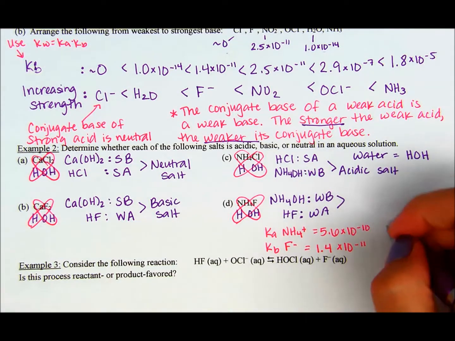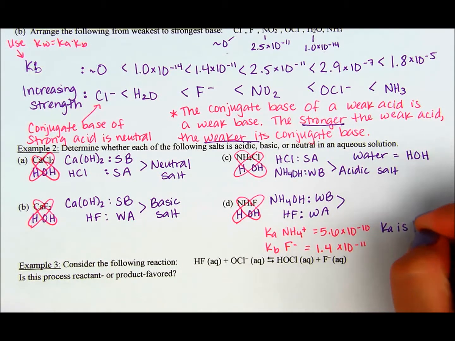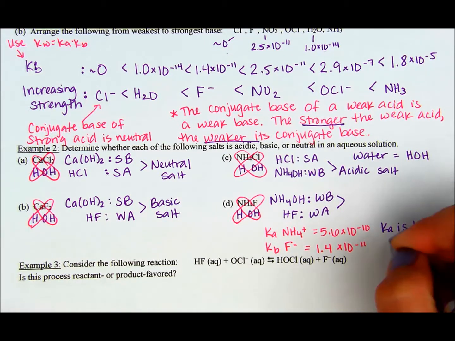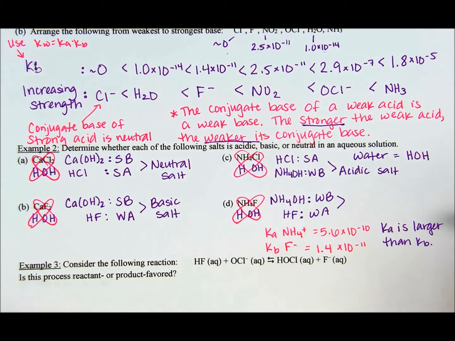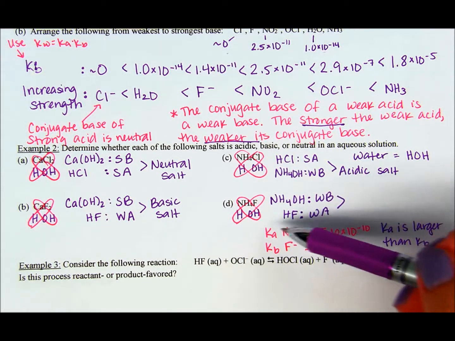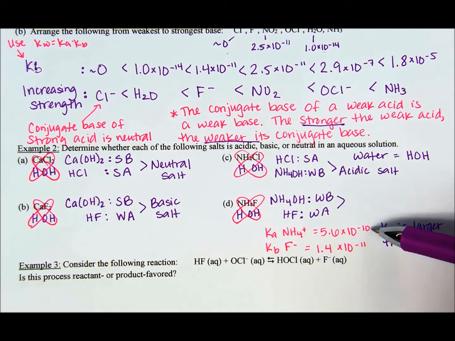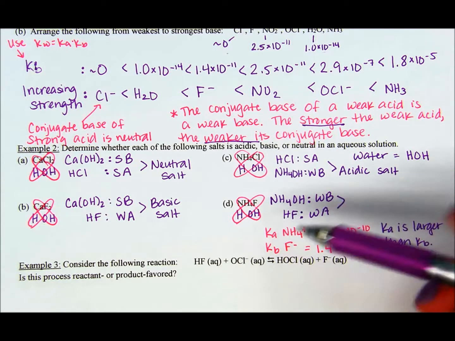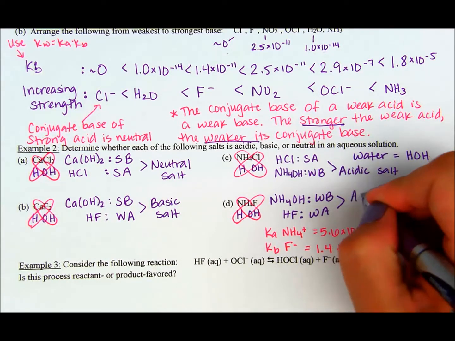So Ka is larger than Kb. Because Ka is larger than Kb, it's going to contribute more to the acidic character. So this salt is going to be overall acidic because the Ka for the acid is larger. So this is going to be an acidic salt.